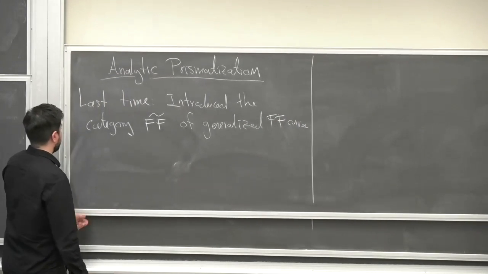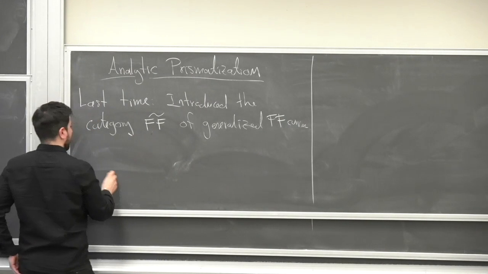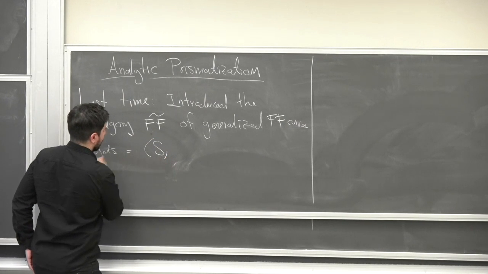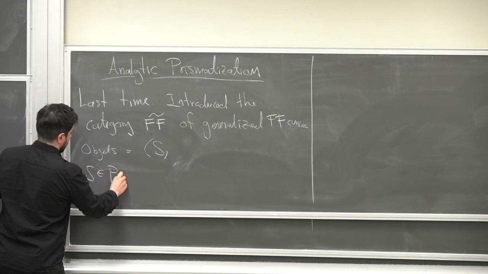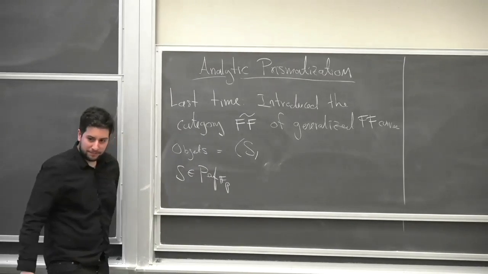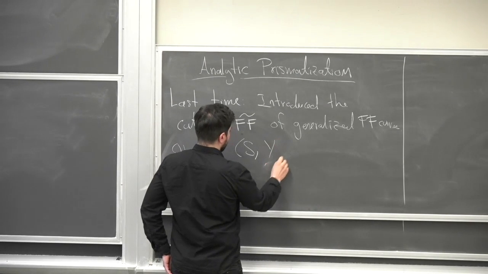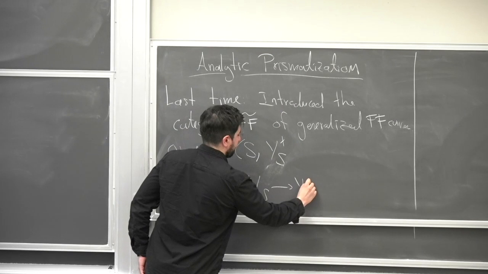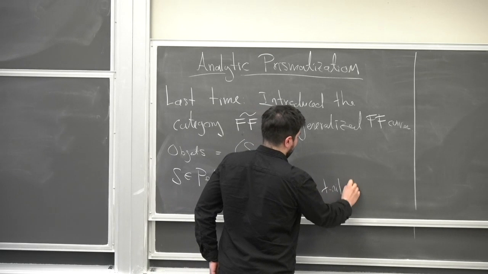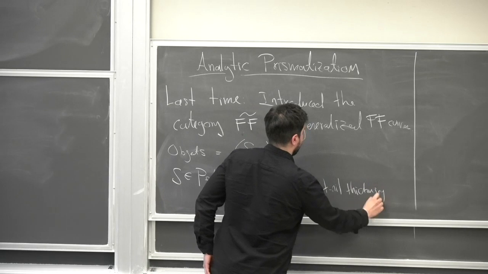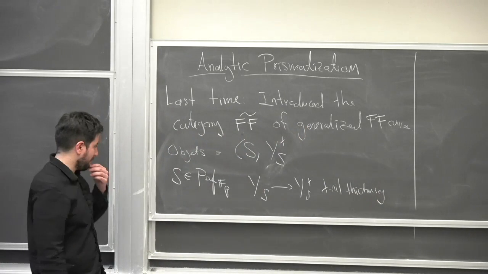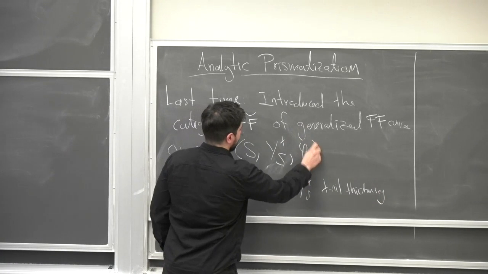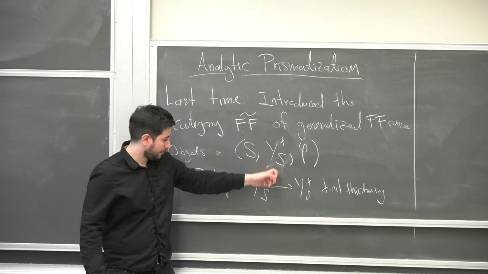Just to recall, an object in this category is basically a triple where S is some perfectoid space in characteristic p, we have a suitable nilpotent thickening, maybe a nil thickening, of the initial, well, maybe Y_{0,∞} construction of S, so this localization of the Witt vectors of this one, and some kind of Frobenius on this thickening that is compatible with the Frobenius.